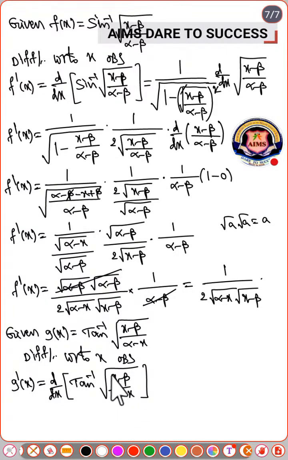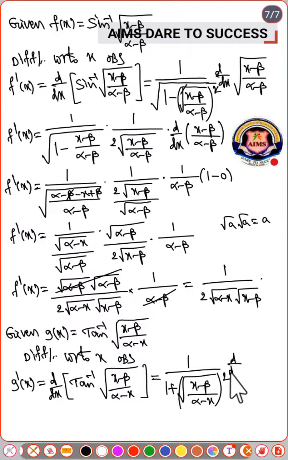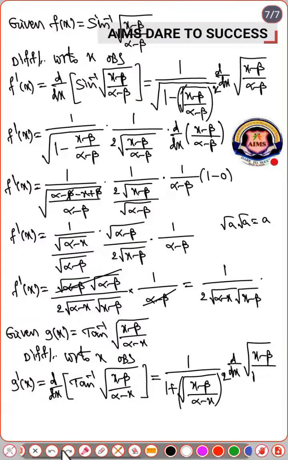This looks like tan inverse x. My dears, tan inverse x derivative is 1 divided by 1 plus x square. The x value is root x minus beta by alpha minus x whole square, and this part looks like x but not exactly x. So internal derivative into d by dx of root x minus beta by alpha minus x.